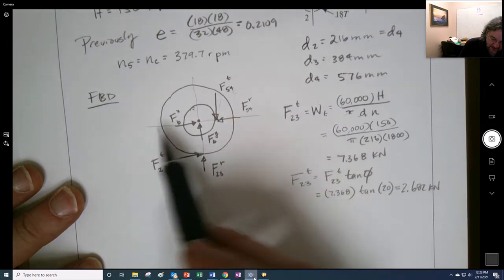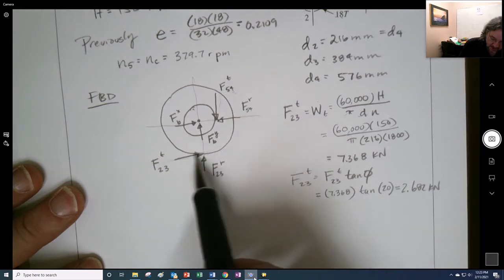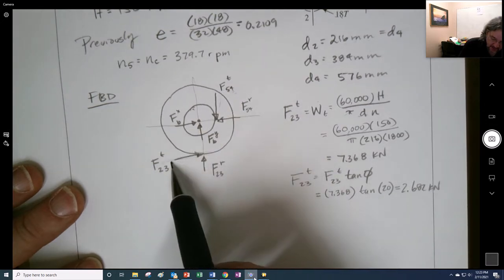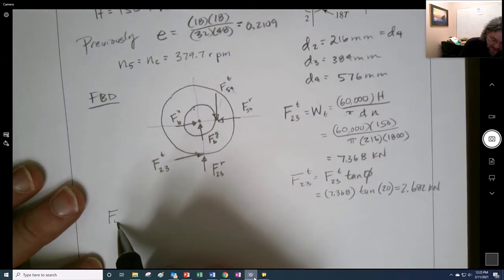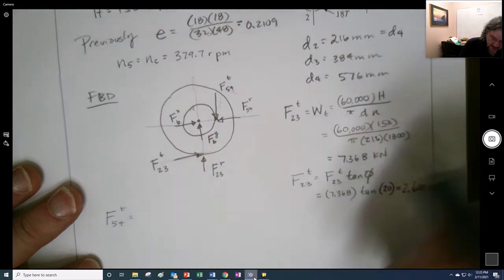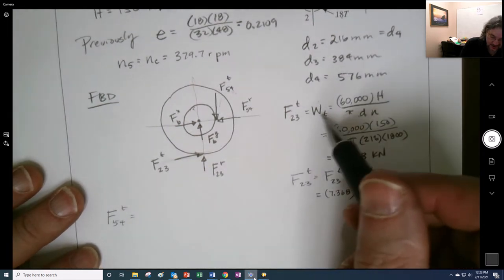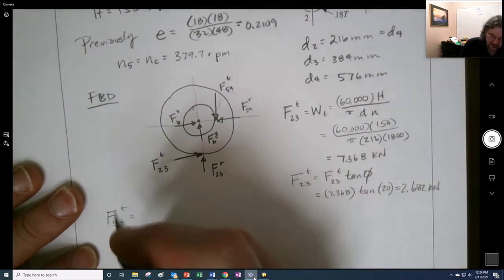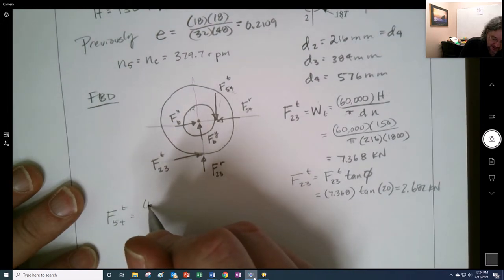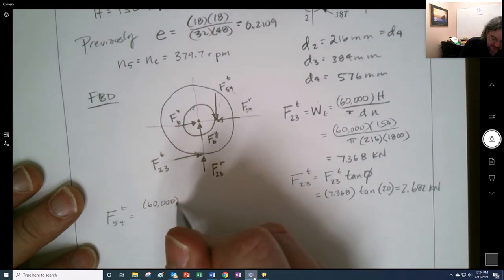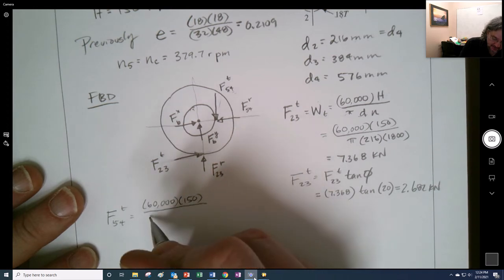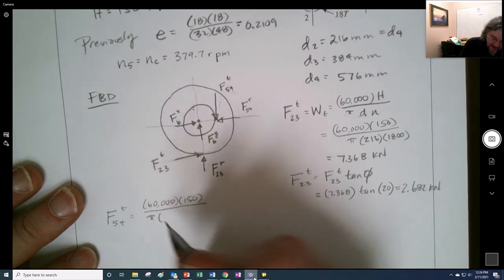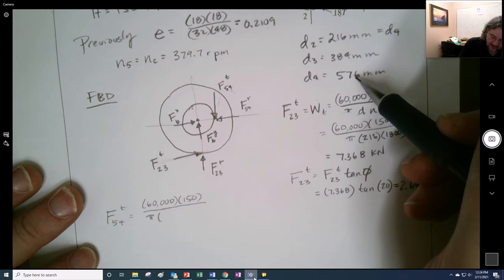Once again, I said I could use the sum of the moments about this point right here and find what that is, but let me instead say that the force 5,4 in the tangential direction is going to be another transmitted force. I don't want to say that it's WT because it's a different force, but that's going to be 60,000 times our 150, divided by pi times the diameter of the output gear.